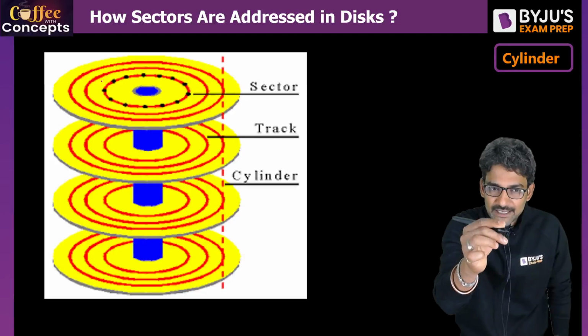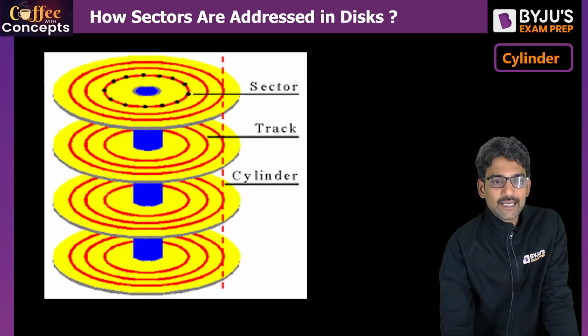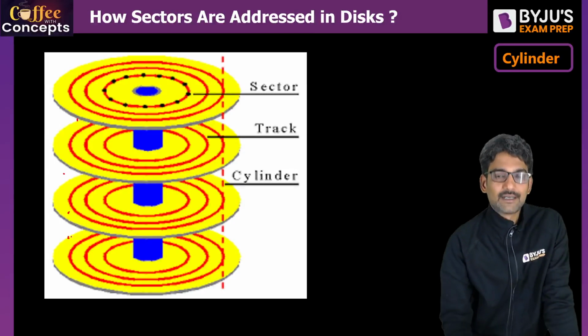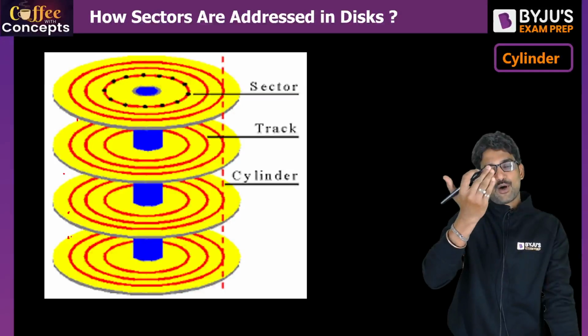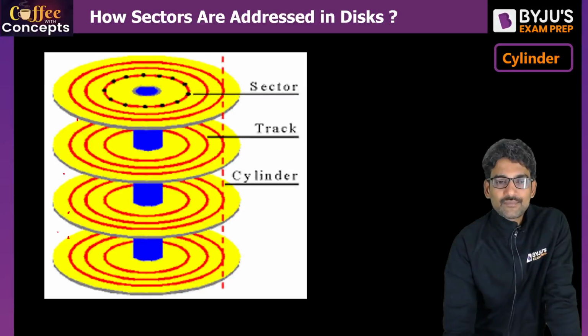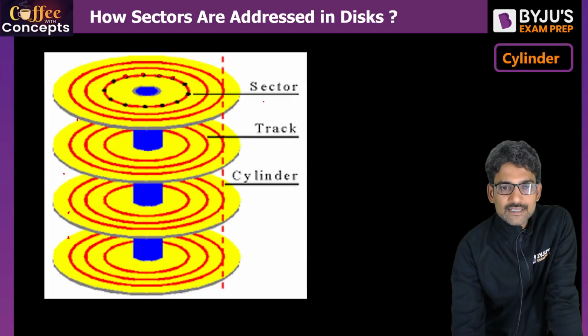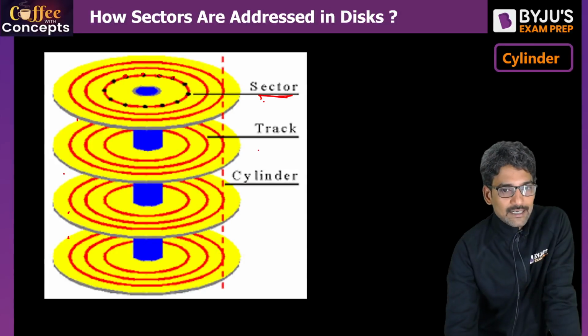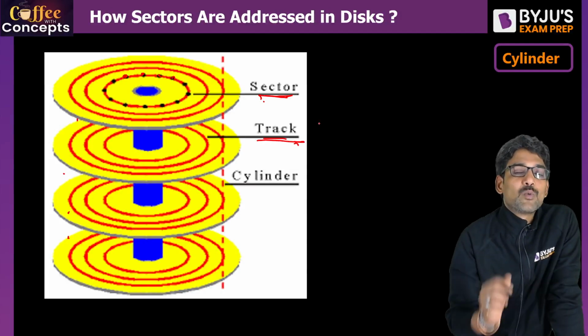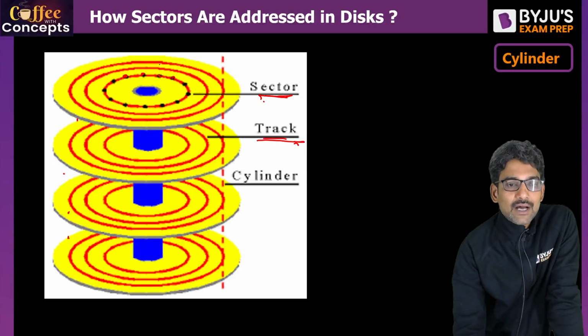You can see here we are having multiple surfaces. Assume top, bottom, top, bottom. You can see these dots, these are sectors, and these red colored circles are tracks. Now, what is a cylinder?